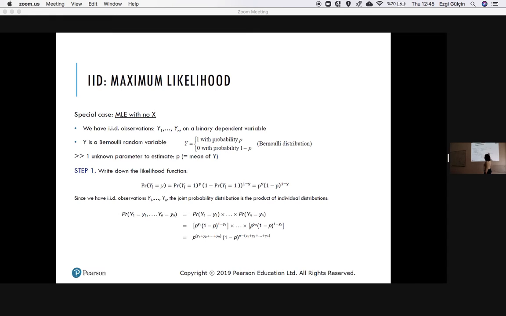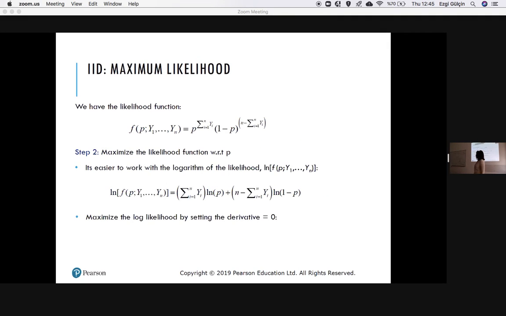So this is the probability of each observation. Then the joint probability function is the product of the single probabilities. For those who are interested, we can see the formula there, but this is the joint probability distribution written in another way of our data for y1 up to yn, and it depends on p.